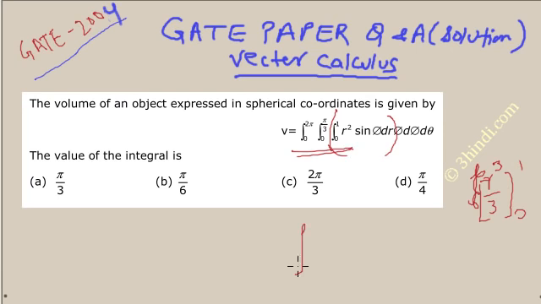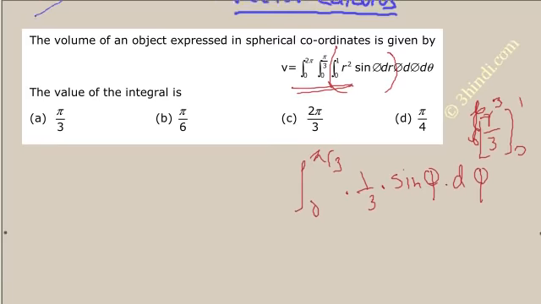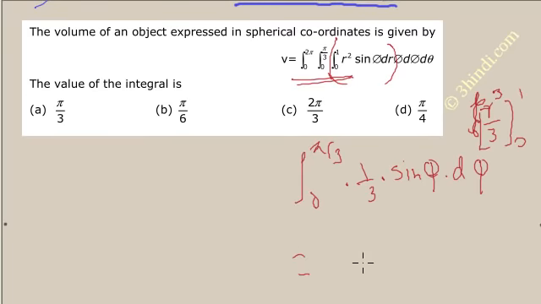Now for the second stage, 0 to pi by 3 of 1 by 3 into sin phi into d phi. This is the second stage integration, and if you integrate it, you will get minus 1 by 3 into cos phi, and pi by 3 means 60 degrees, and 0.